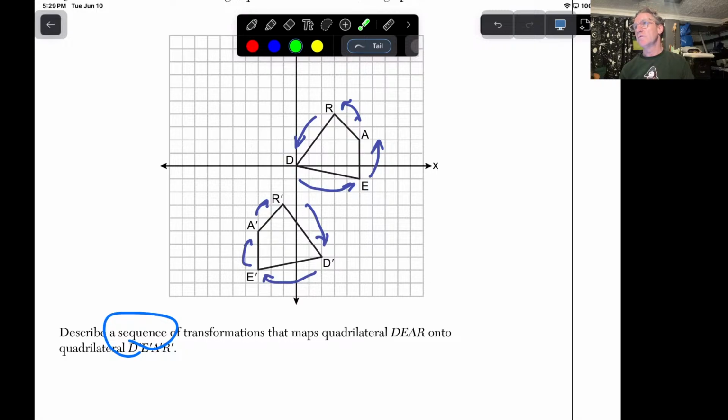So it's a sequence of transformations, and it must have an odd number of reflections. The most common example I've seen here is reflecting over the y-axis.